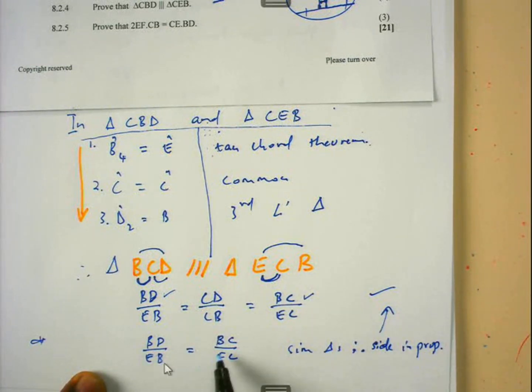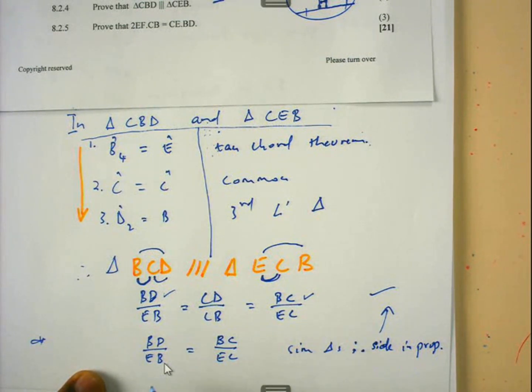Now we only took those two sides. Side EB over side BD is equal to side EC over side BC. There we are. Are we happy with that?